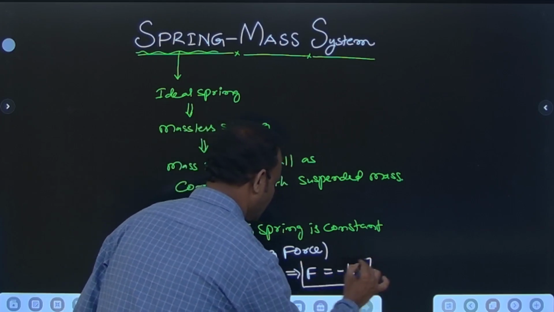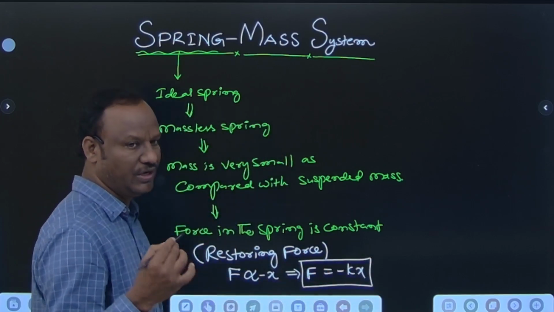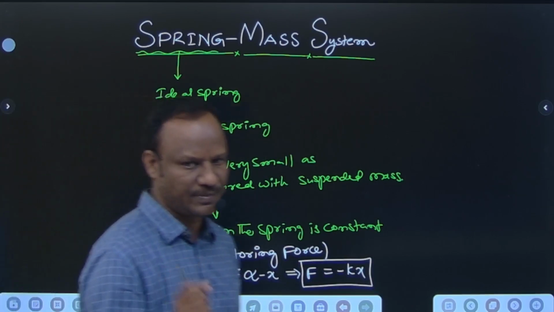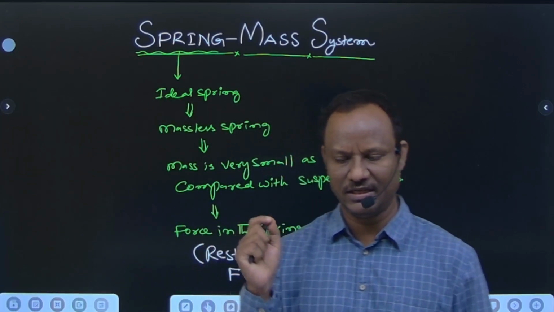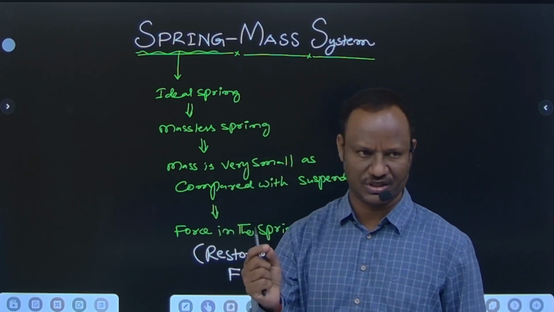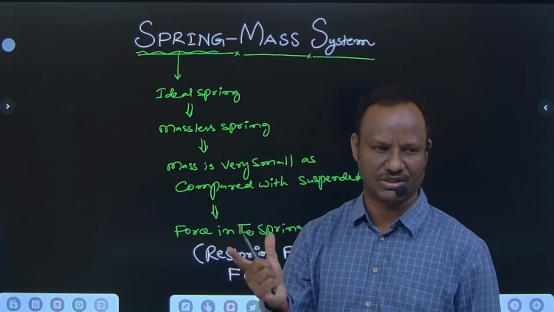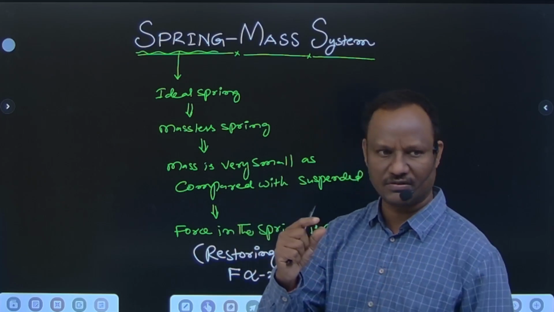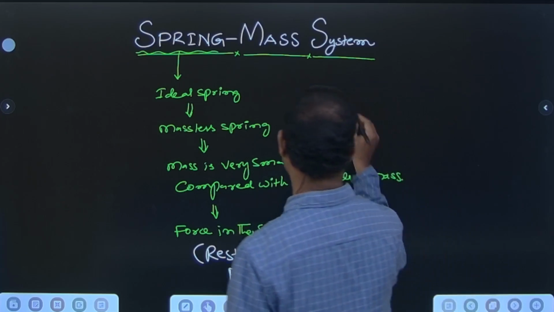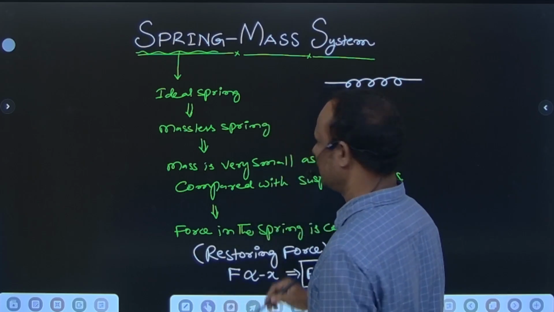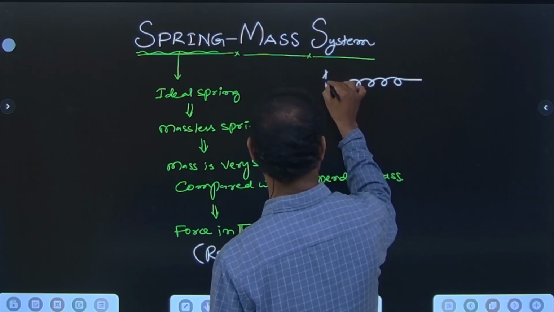My first question is, where do you get the restoring force in the spring? When a spring is deformed linearly, along a straight line, with a small compression or small elongation. Here is the spring at its natural length, fixed here.